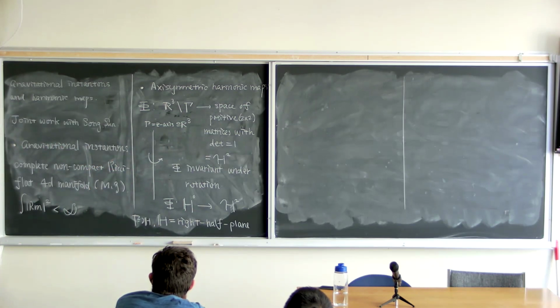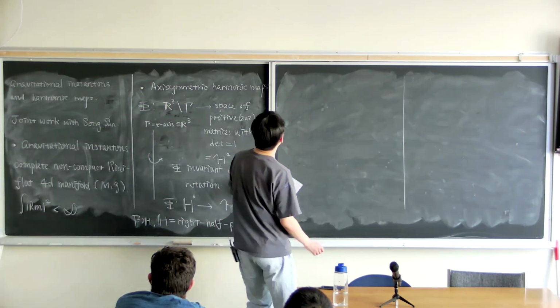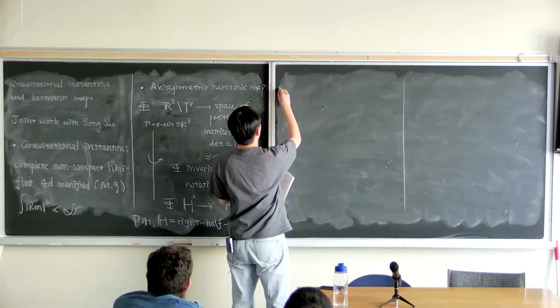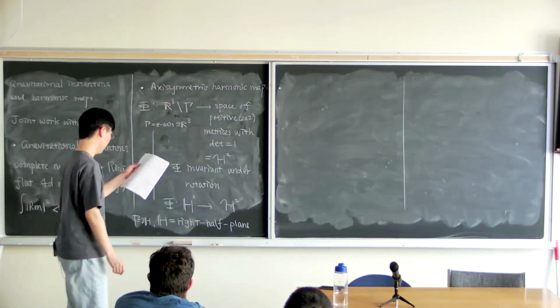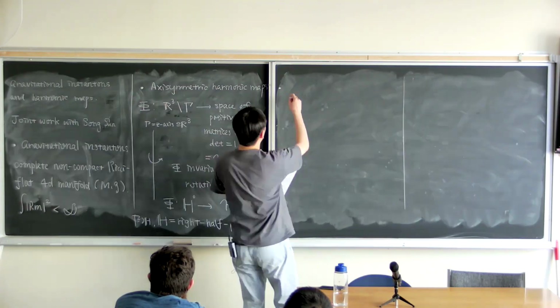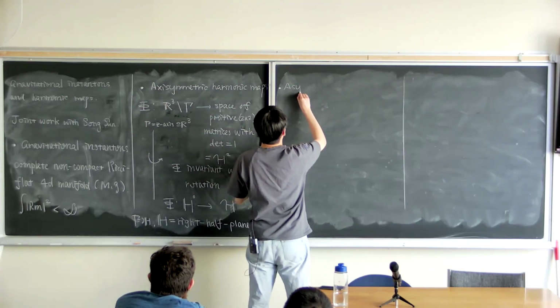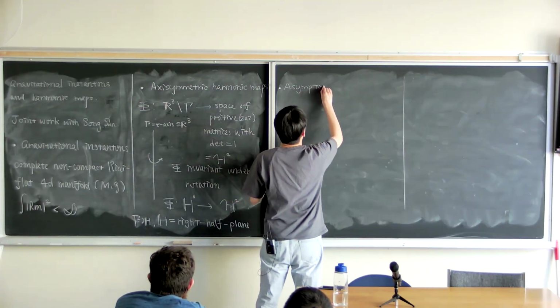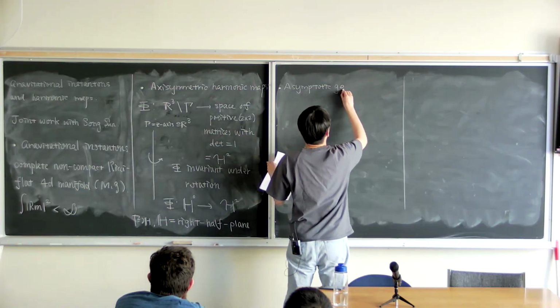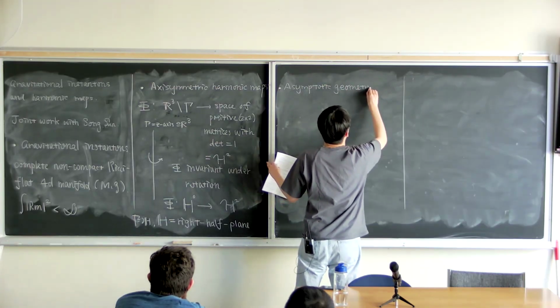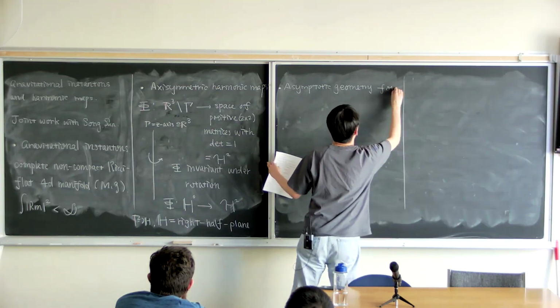All right, so that's gravitational instanton. That's axisymmetric harmonic map. And before I talk about my main theorem, there's another thing I have to talk about. That's the asymptotic geometry for gravitational instantons.